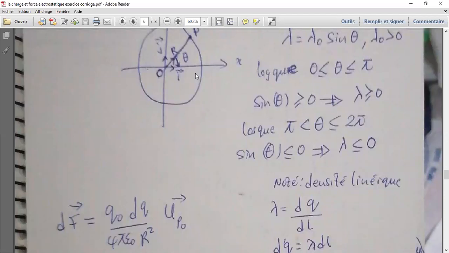So we use this formula, dF is equal to q0 dq divided by 4 pi epsilon 0 r squared. Here q0 is this point, and dq is the charge which is creating a force on it.